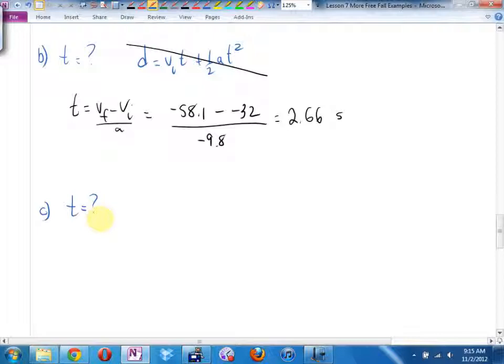What else do I know? What's the acceleration? Now I'm glad you said that. I don't think sound falls. In fact, let's be real. What is the acceleration of sound?